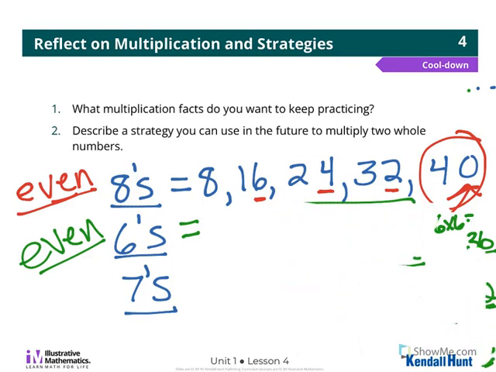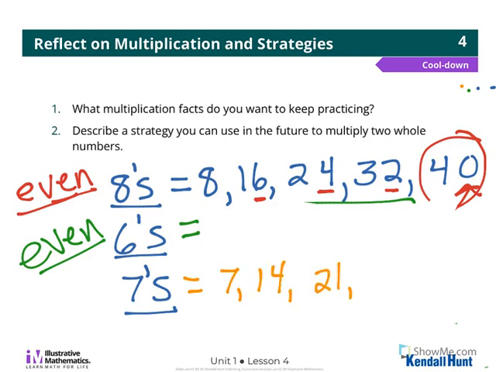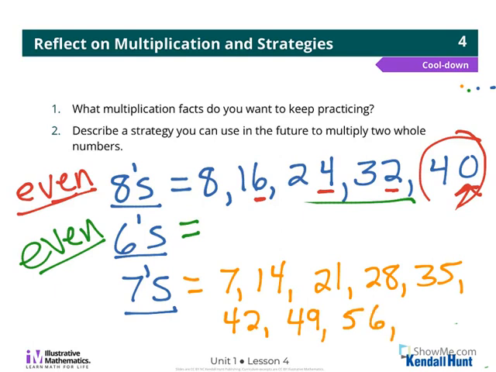Sevens, I don't know if you guys know any tricks for sevens. I literally don't know any other than sevens, you just have to memorize them. So, 7, 14, 21, 28, 35, 42, 49, 7 times 8 is 56, and 7 times 9 is 63.